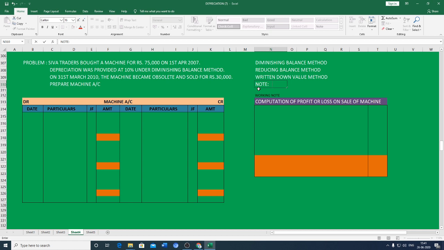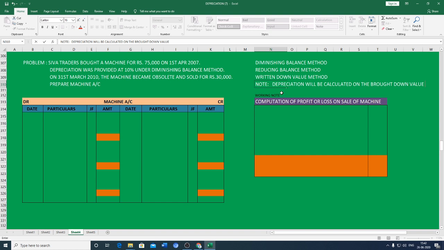But in this method, depreciation will be calculated on the brought down value. That means the balance value after providing depreciation will be used.